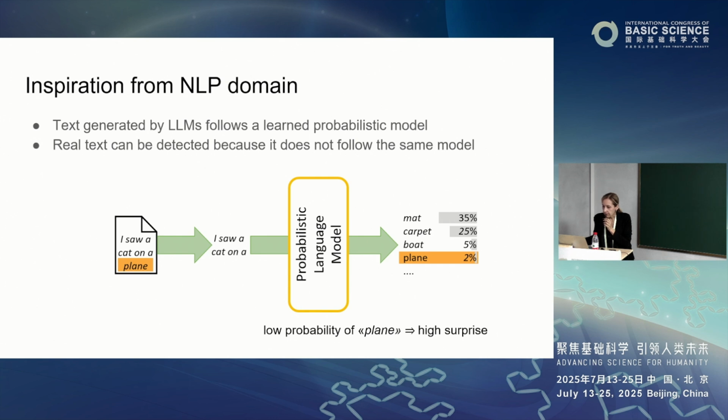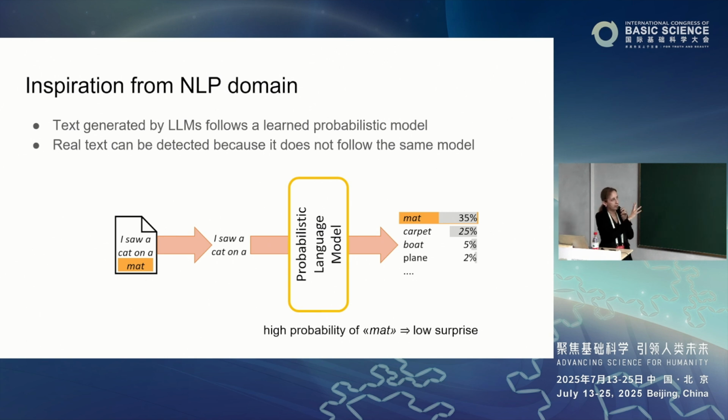If I have a low probability, like "plane", then there is a high surprise. Then probably this means that the word was not generated by a large language model, but is real. This is how these models work: high probability, low surprise, means it was generated by a large language model.